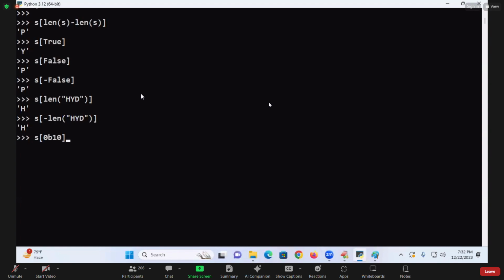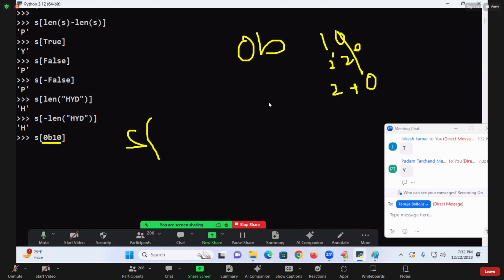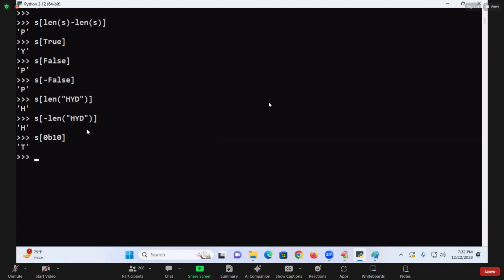Python, everything, my dear students. 0B 1 0. 1 0 means what? 2 to the power of 1 and 2 to the power of 0. This is called 0 plus 2. What is the answer in this place? S of 2. What is the answer now? T. So why so much confusion, students? T. Clear? Okay.